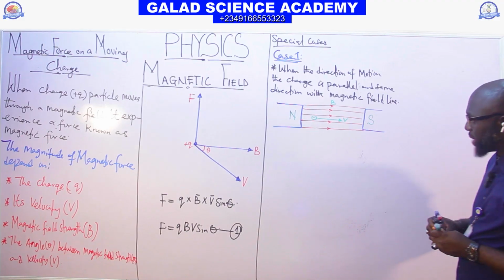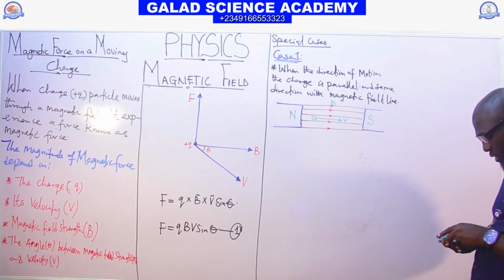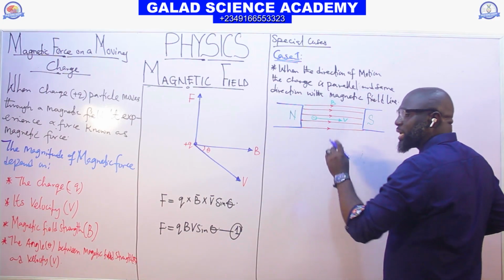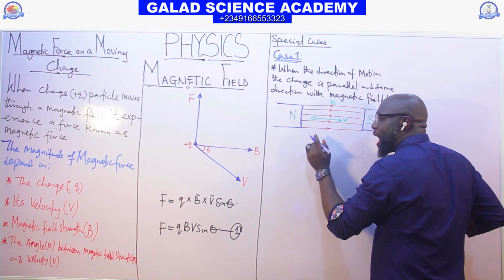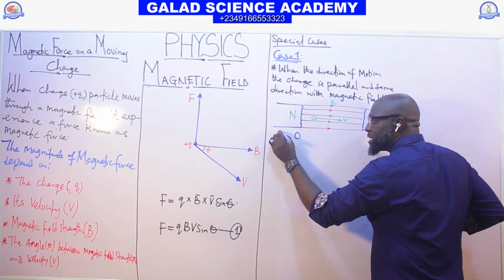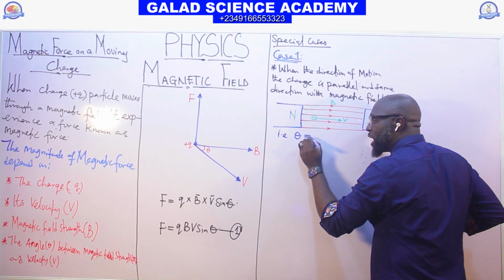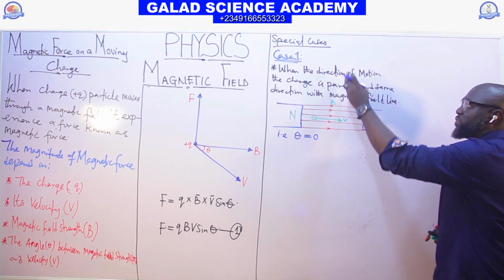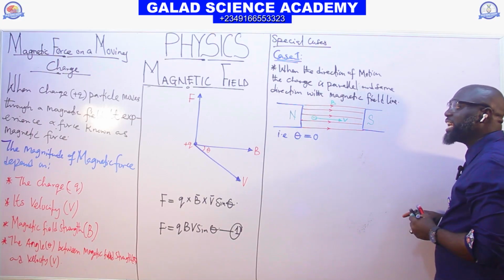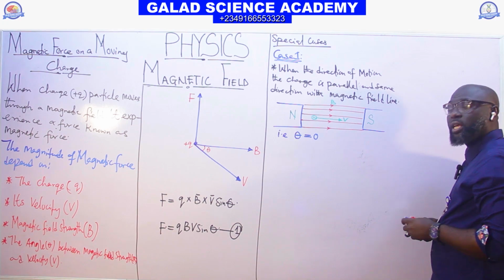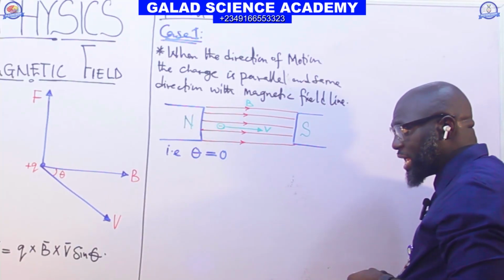Our angle theta is equal to 0. The two of them are parallel, and the angle between the two parallel lines is 0.